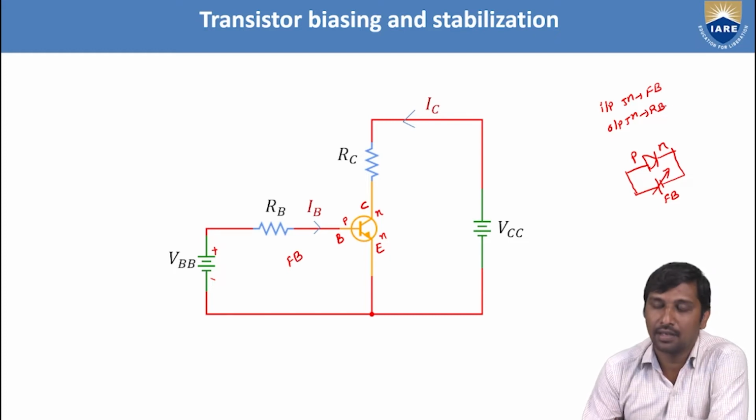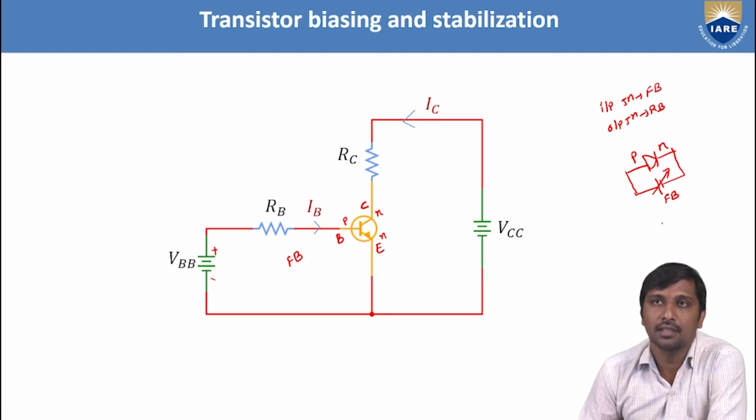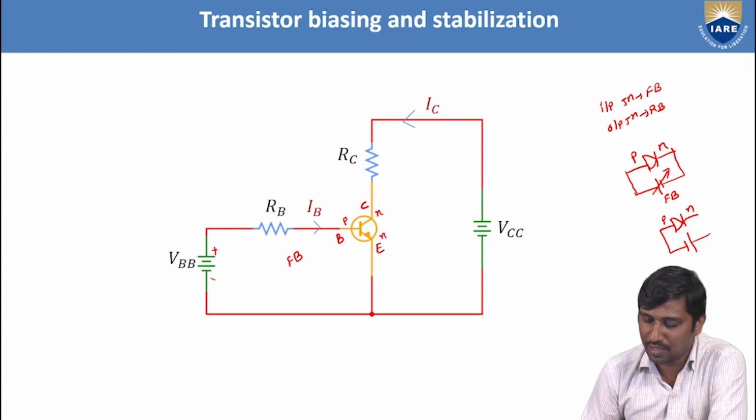Similarly, we need to maintain the output junction as reverse biased. Here the output is taken across the collector, which is made of N-type material. For a PN junction to be reverse biased, with P-type and N-type material, P is connected with the negative pole of the battery and the positive pole of the battery is connected with the N-type material.